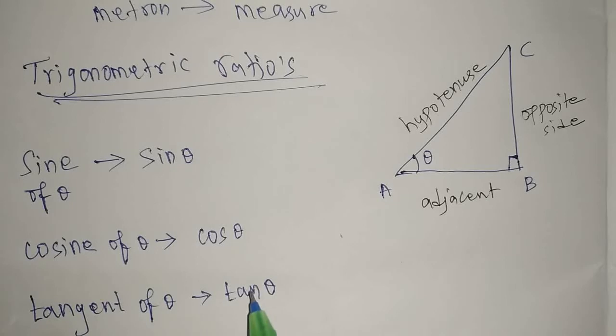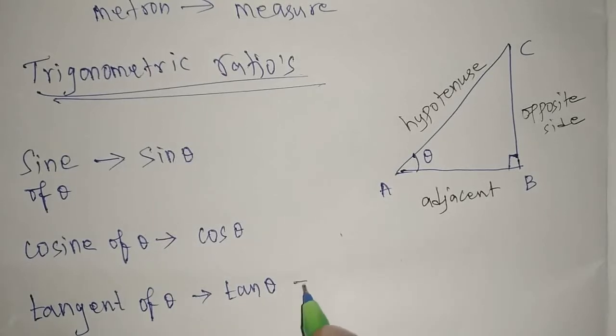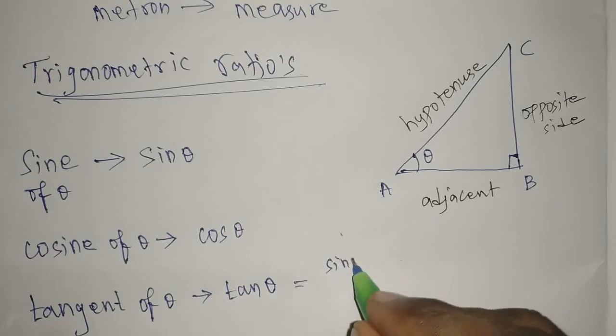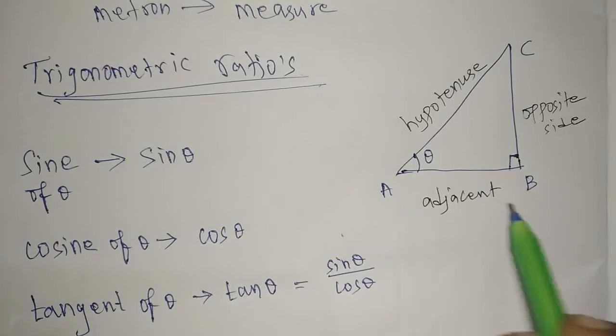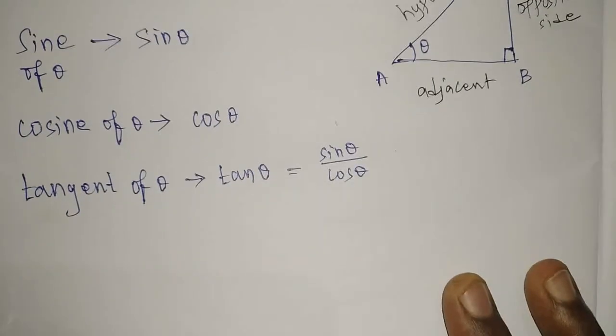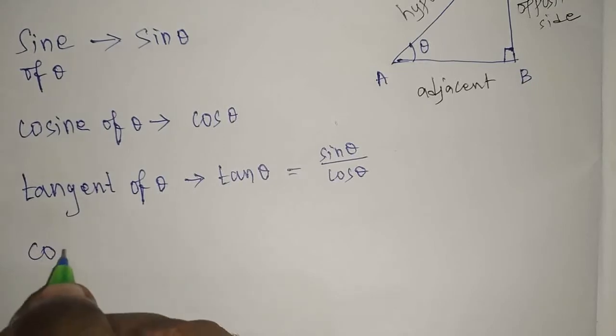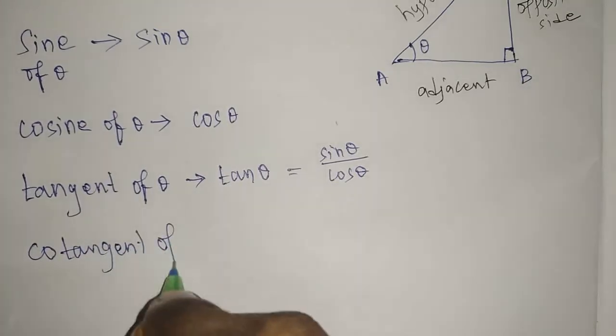Tan theta is a combination of sin theta and cos theta. If you divide sin by cos, you will get tan theta, because tan theta is used to measure both height and base. Next, cotangent of theta.